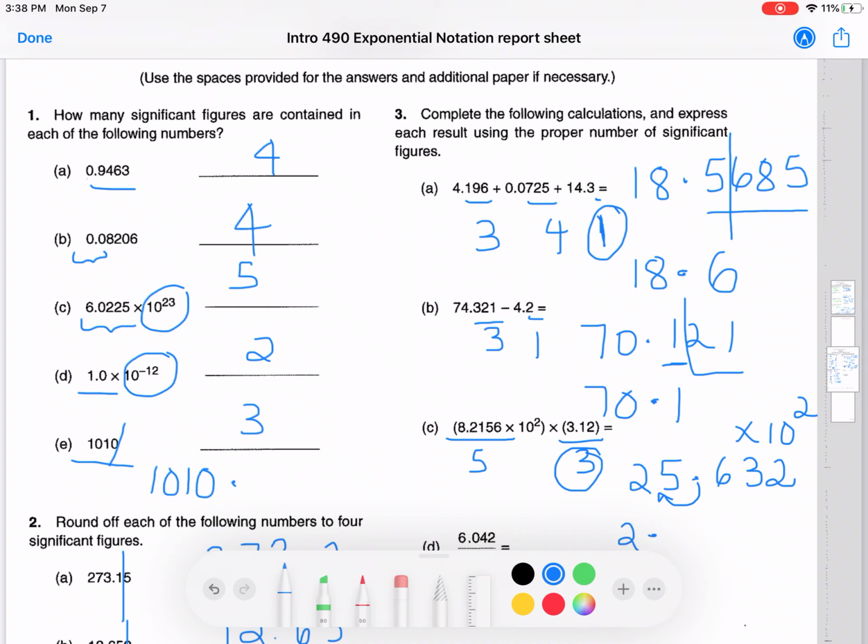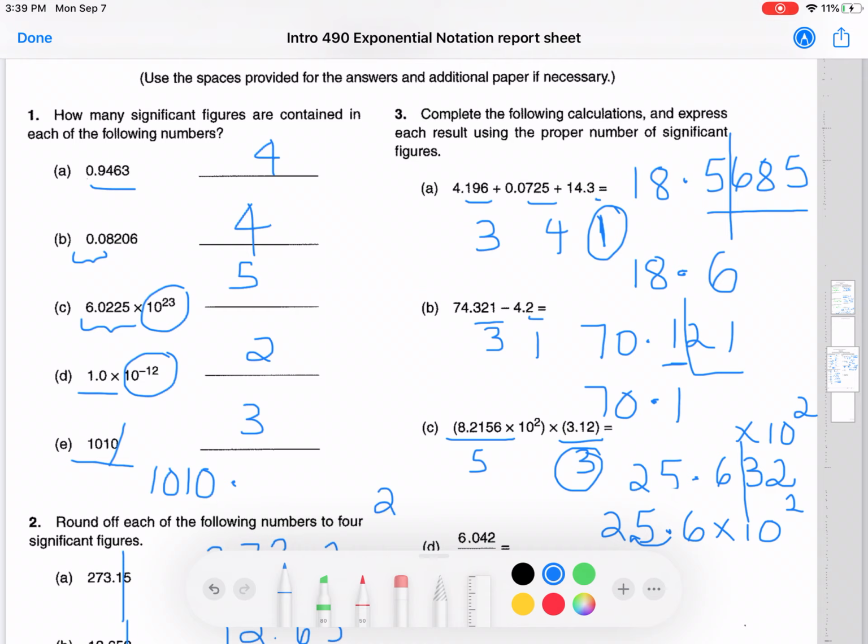Now before we move the decimal, let's go ahead and round this number to the significant figures that we want. So we want 3 significant figures. So you're going to drop this number. Then it would be 25.6 times 10 to the 2. If you write it in scientific notation, you have to move the decimal place over here, because the number prior to the decimal place has to be only one whole number.